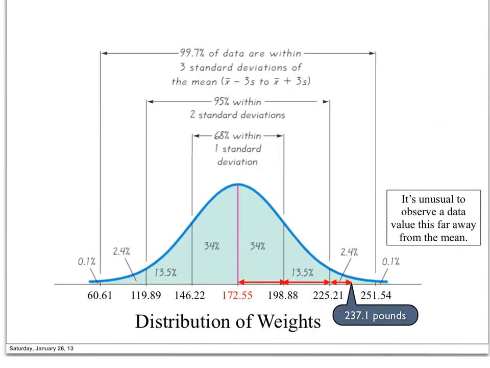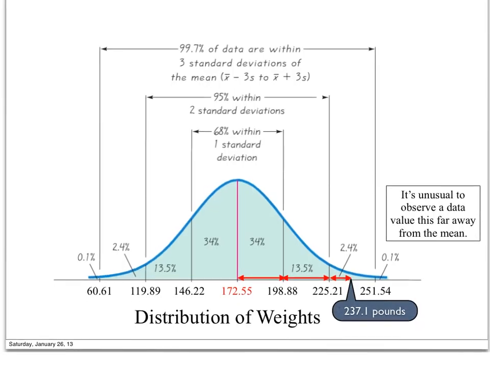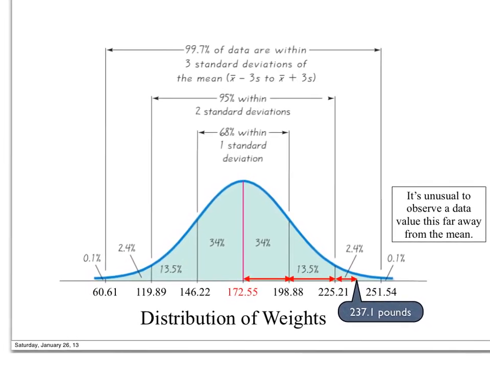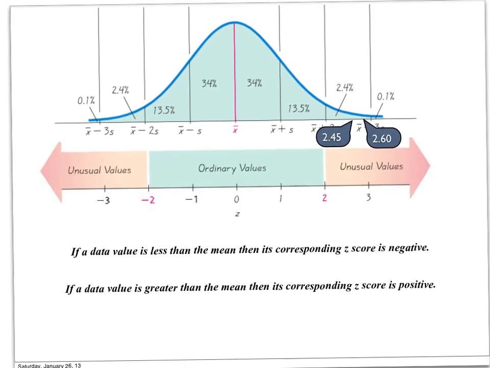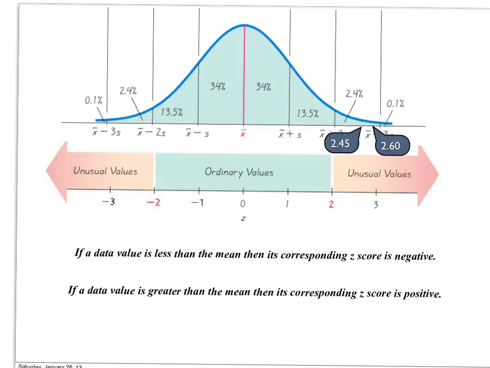Again, we have this data value of 237.1 pounds corresponding to a z-score that we calculated for this example, and we can see that it's more than 2 standard deviations above the mean when we locate it on the axis. So one more time, you want to remember in terms of the range rule of thumb, which is illustrated by this strip right here.